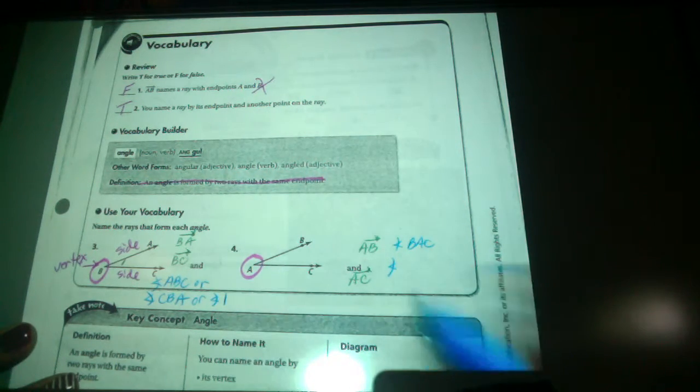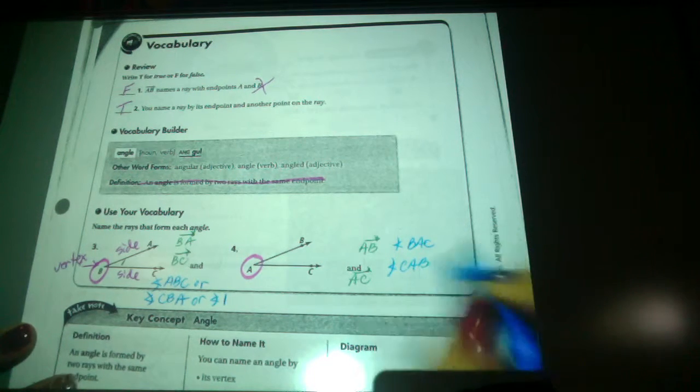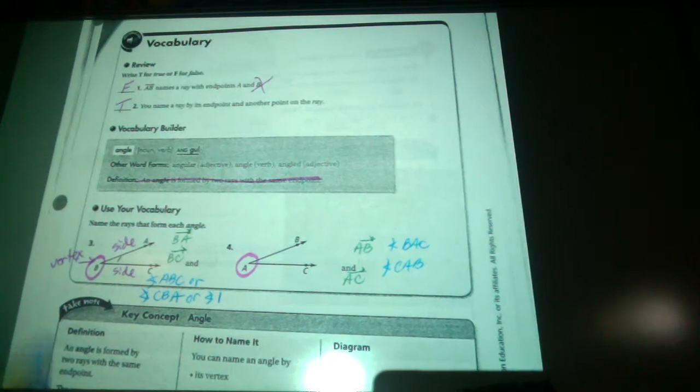A has to be in the middle because it's your vertex. So your goal when naming angles is that the vertex has to be in the middle. So when I look at the name of an angle, I can tell by just looking at the middle what its vertex is. So it's really like the endpoint. It's the vertex.